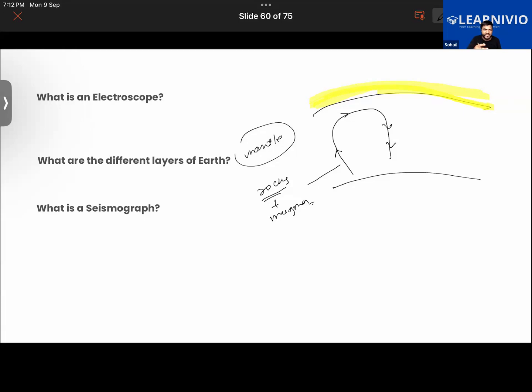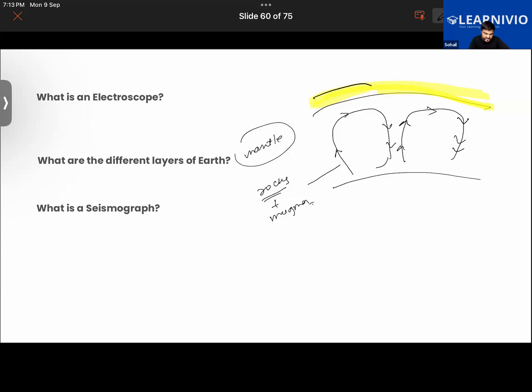Now, you would have learned in the chapter on heat that transfer of heat takes place by conduction, convection, and radiation. You'd have learned about convection, I think, right? So here the movement of rocks and hot magma takes place, and this kind of movement is called convection current. So the mantle is moving, and because of the movement of the mantle, the crust is not stable.